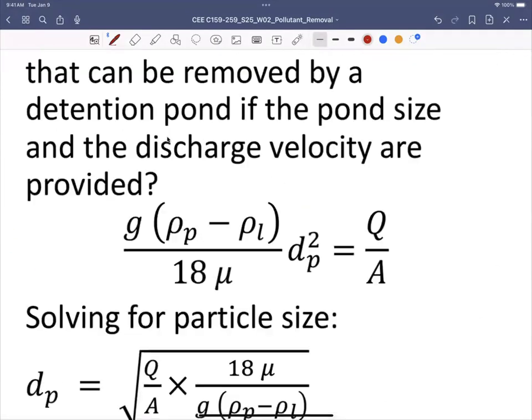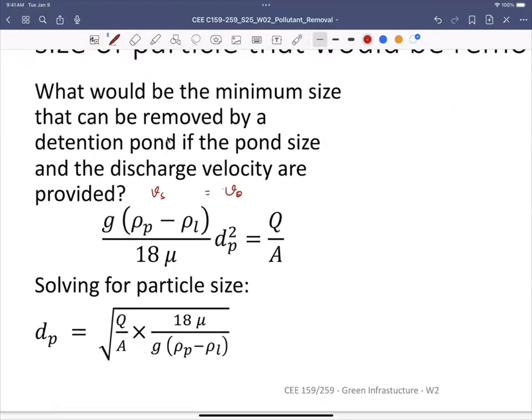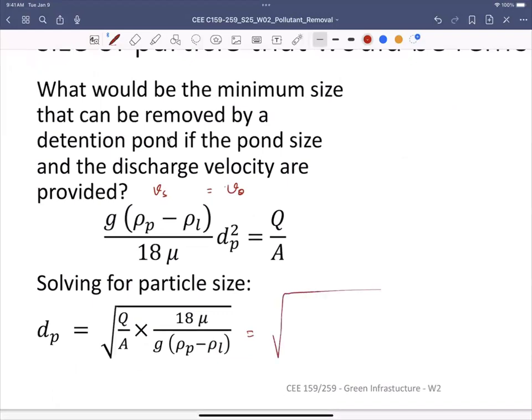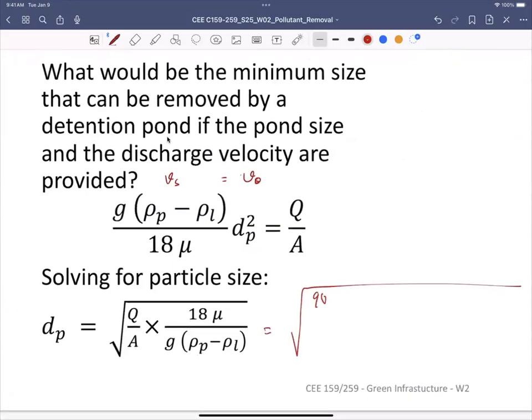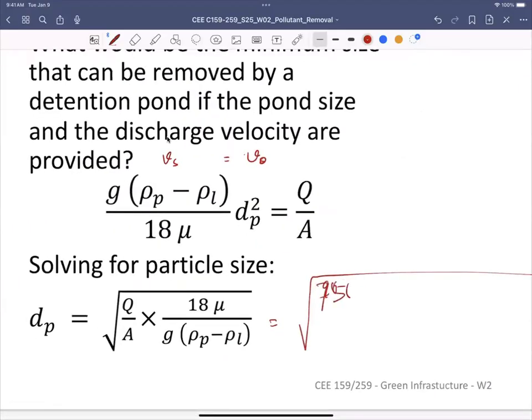So that's what we did here. The left side is the settling velocity and the right side is the overflow rate. When you combine them and solve for d, you get this number. The area is 900 square meters, and Q is 750 cubic meters per day, where one day is 24 hours times 60 minutes times 60 seconds, giving cubic meters per second.